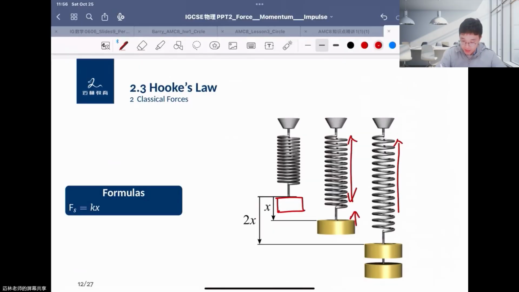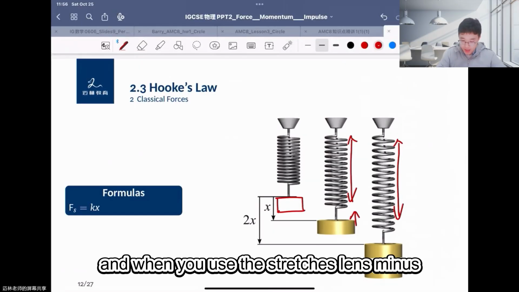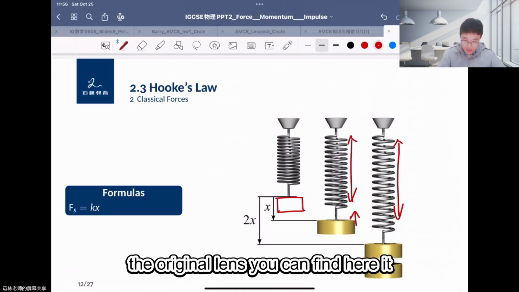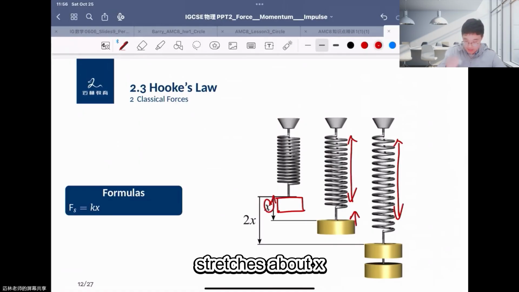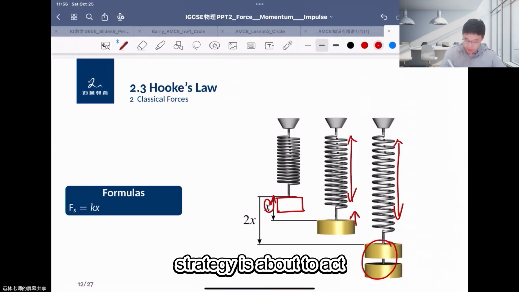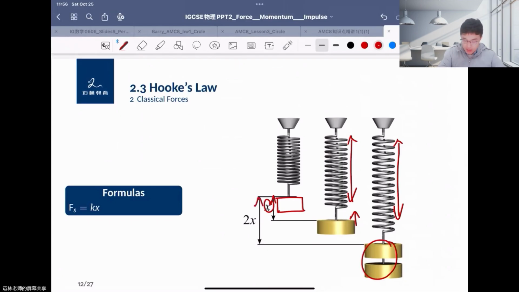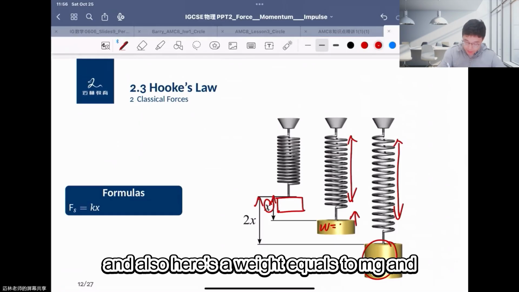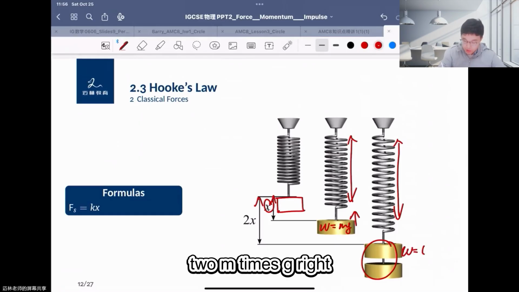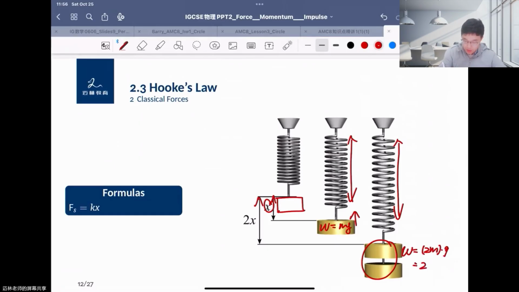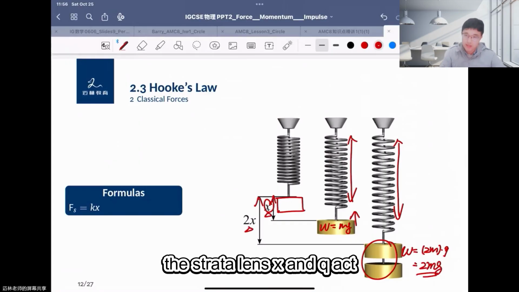When you take the stretched length minus the original length, here it stretches by x, and the second one stretches by 2x. Also here the weight equals mg, and here the weight equals 2m times g, which equals 2mg. So you can find the stretch lengths x and 2x.